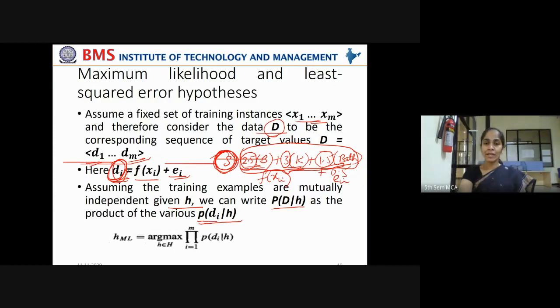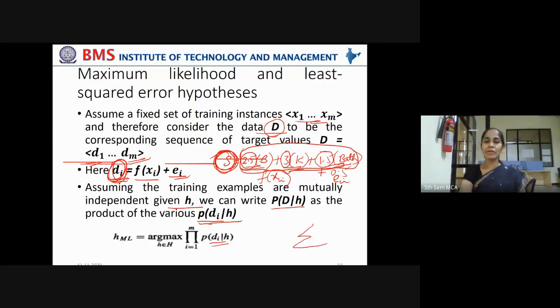That is why you are taking the probability density function p here. So the maximum likelihood hypothesis HML can be represented as argmax over all the hypotheses belonging to H, of the product of every training example's probability given the hypothesis holds. Okay, you're taking the product, you're not taking sigma.